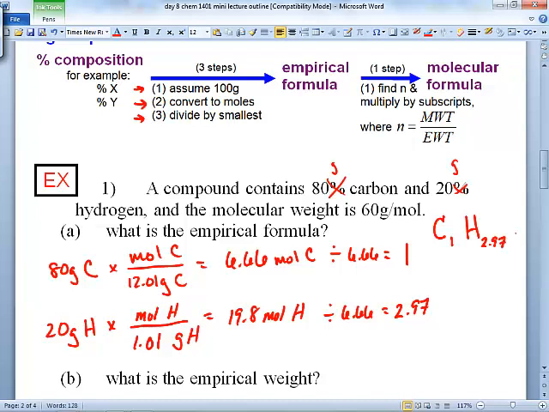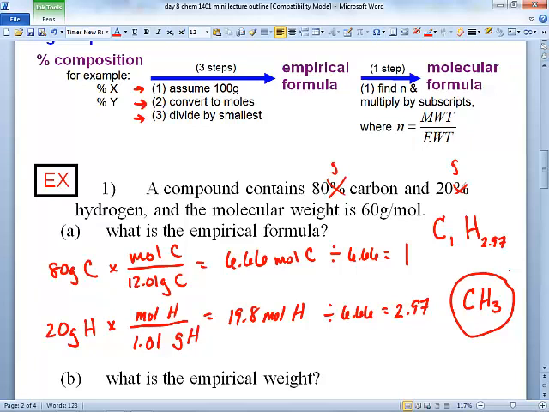But they're going to want you to round the 2.97 to 3. So you really shouldn't say CH2.97. You should really say CH3. The convention is they want whole numbers there, because the empirical formula is this number of carbon atoms for every how many hydrogen atoms.